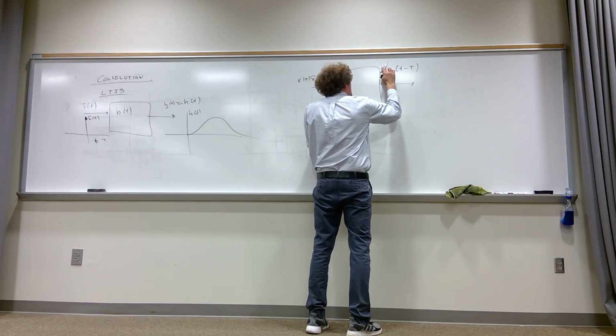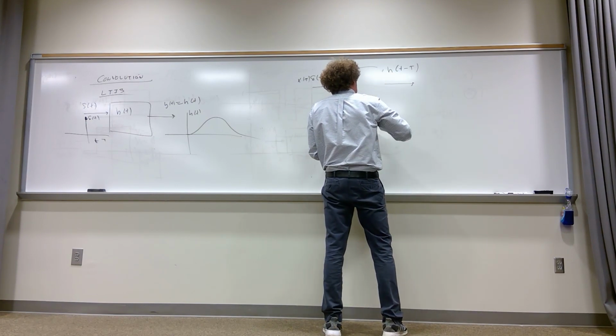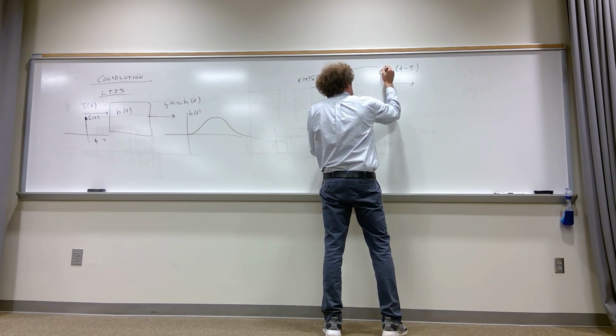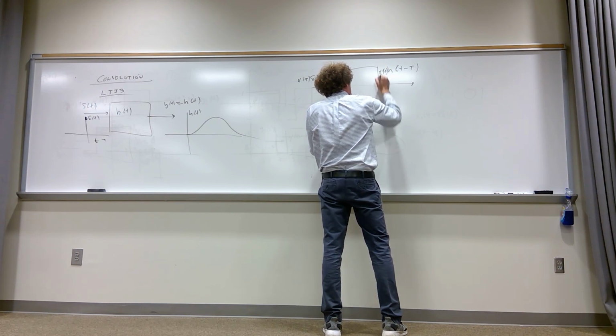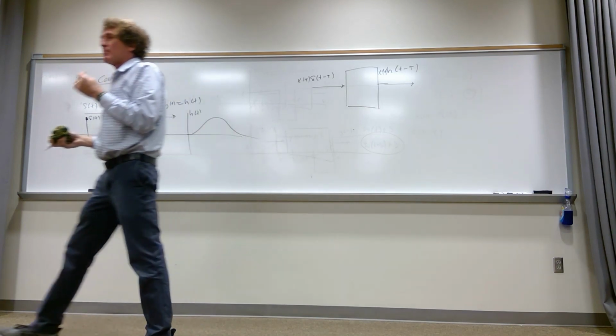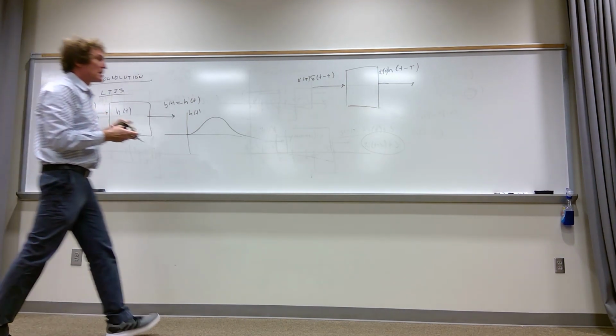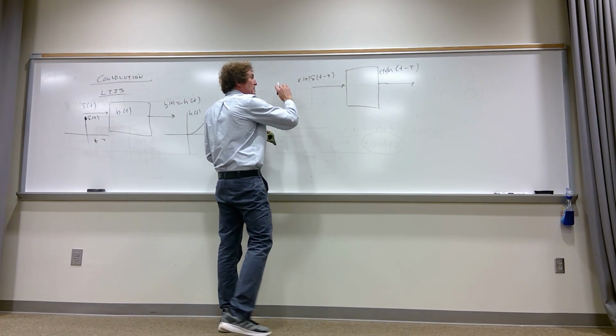Now you can say I can just multiply this by x of tau right here. Are you with me? I just took whatever the input's multiplied by, multiply the output. With me, class? It's tau, not t. It's tau, got it?